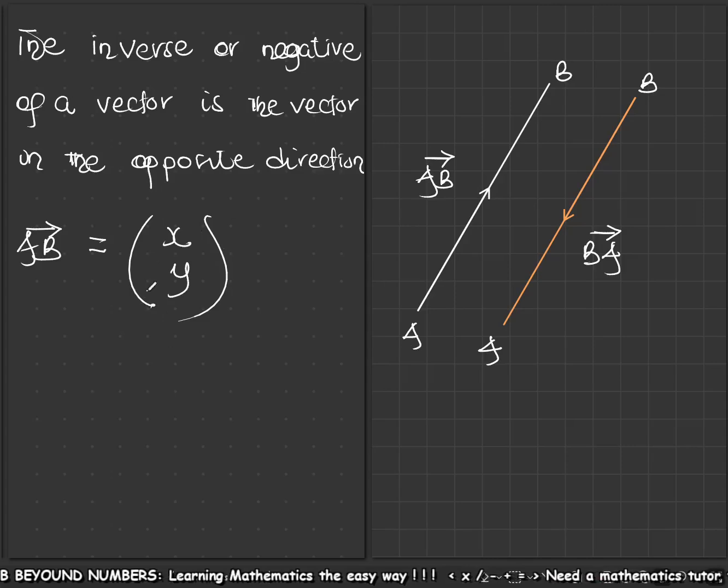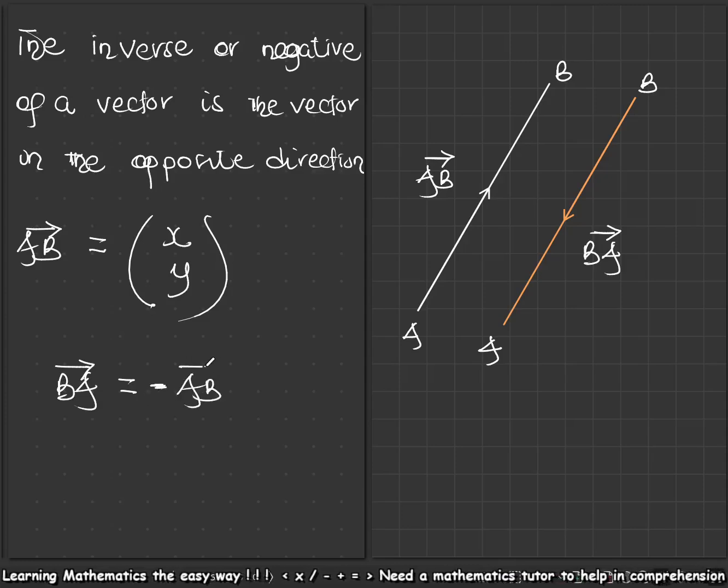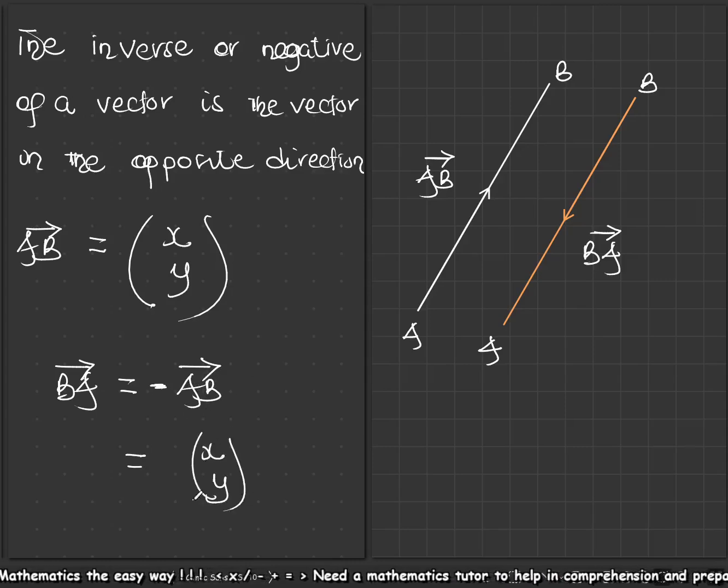Now its coordinate is x, y, but if you want the opposite, or let me say the inverse of it, or the negation of it, then it means you are no more moving from A to B, but rather you are moving from B to A. And moving from B to A is just the negative of moving from A to B. We know the coordinate of A to B to be x, y.